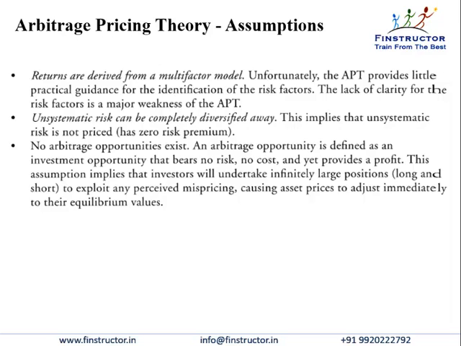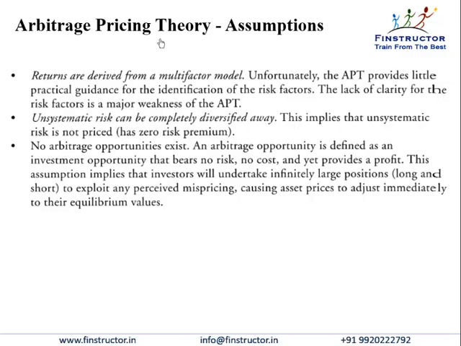So, we assumed perfect markets, we assumed infinite borrowing and lending at the risk-free rate, we assumed all people have the same expectations, so on and so forth. A lot of things which will never be true in the real markets. Everybody will always not have the same expectations.